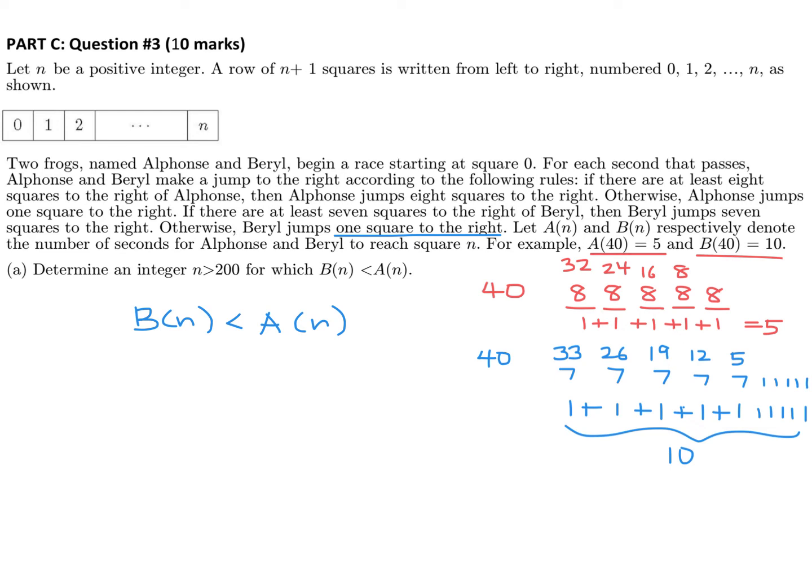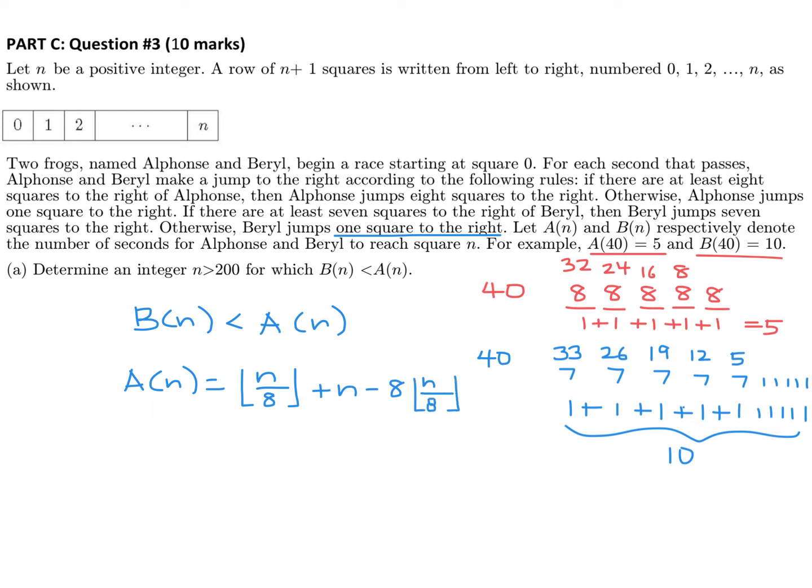Based on this explanation, you can figure out an equation. Here's the equation: an is equal to the integer value of n divided by 8, plus n minus 8 times the integer value of n over 8.